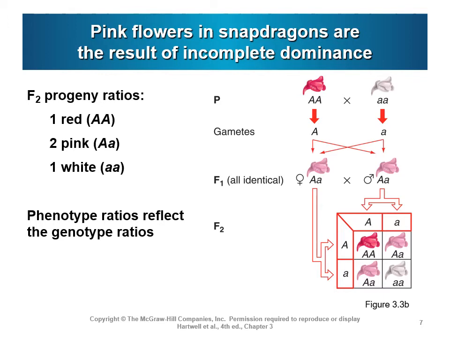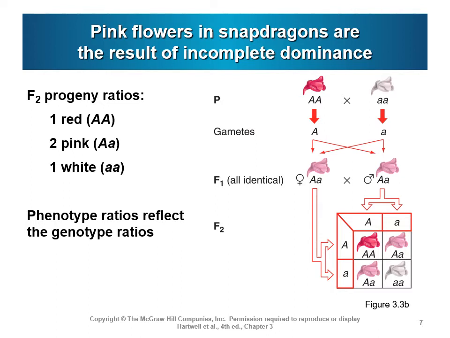So now let's look at the cross between a red flower with gene composition big A, and a white flower with gene composition little a. When these two plants are crossed, all of their progeny, the F1, will be big A, small a. And in terms of phenotype, all of these plants will be pink.